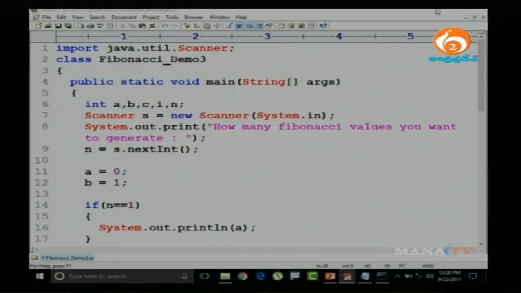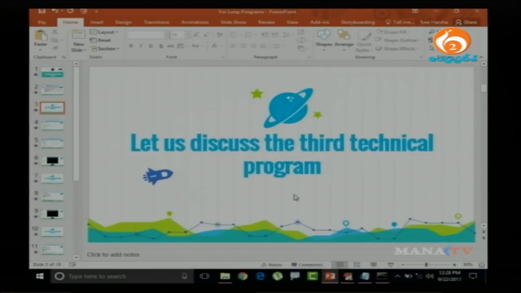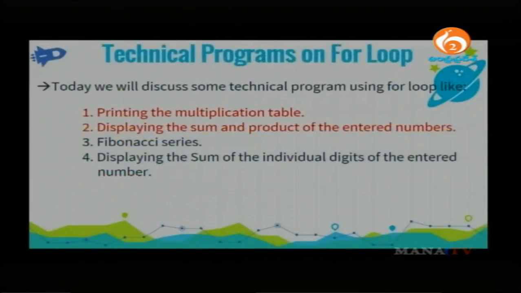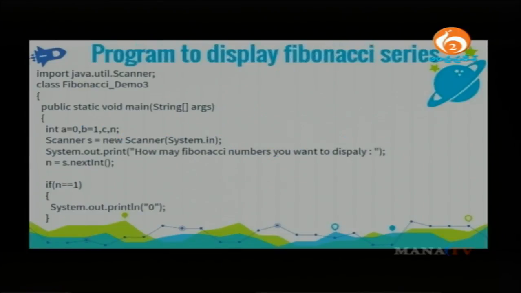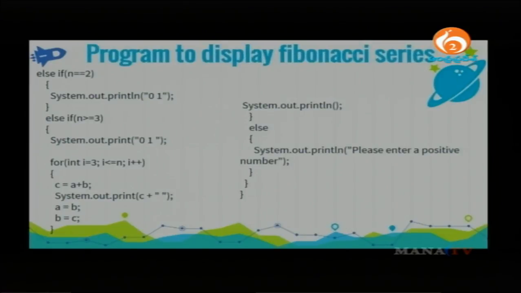Now, let me go with the next program. So, we have done with this particular Fibonacci series, and let me display some of the individual digits of the entered number. So, this is our program related to the Fibonacci series. I am taking couple of variables and I am just checking this particular thing. Here int i is declared within the for loop.